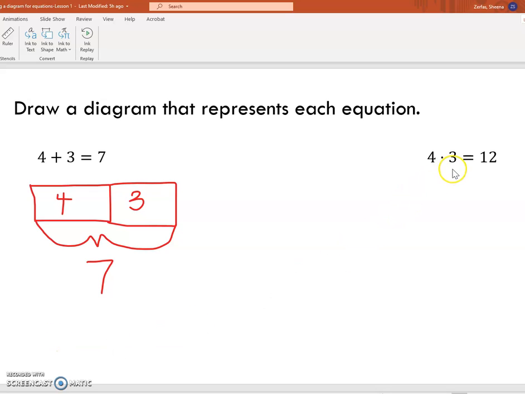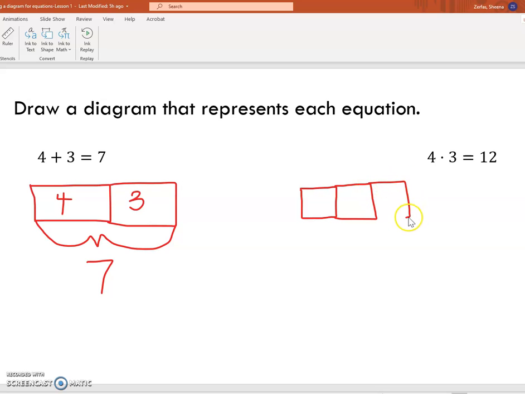When I go to model the second equation, I'm doing 4 times 3 equals 12. I'm going to do this a little bit differently. So multiplication means I have 4 of something and the value of each is 3. So the number of boxes in my diagram is going to come from that first value.